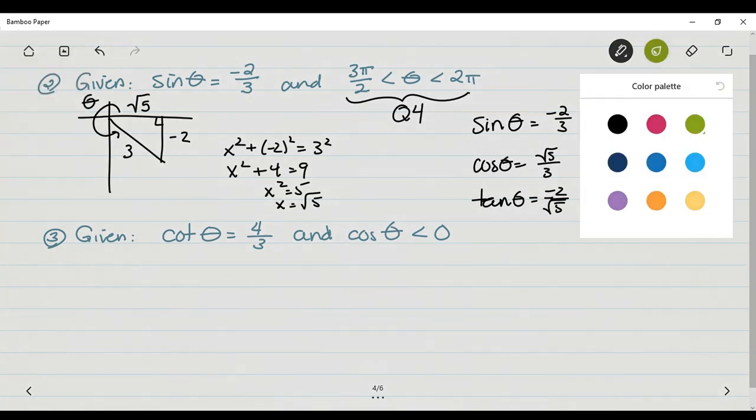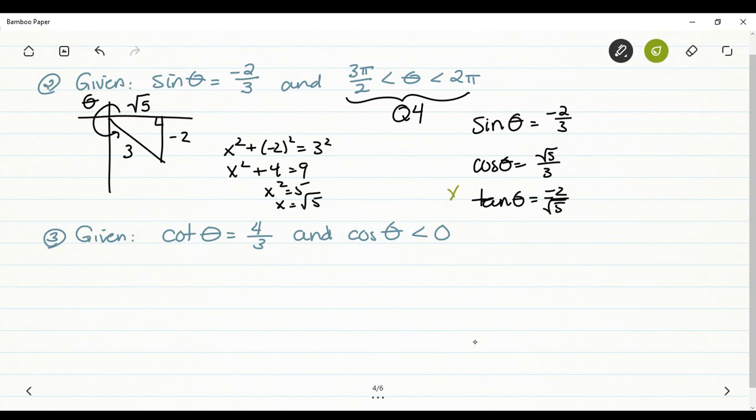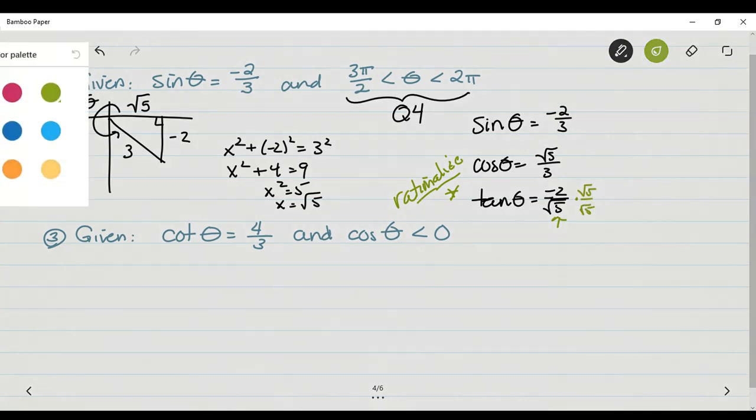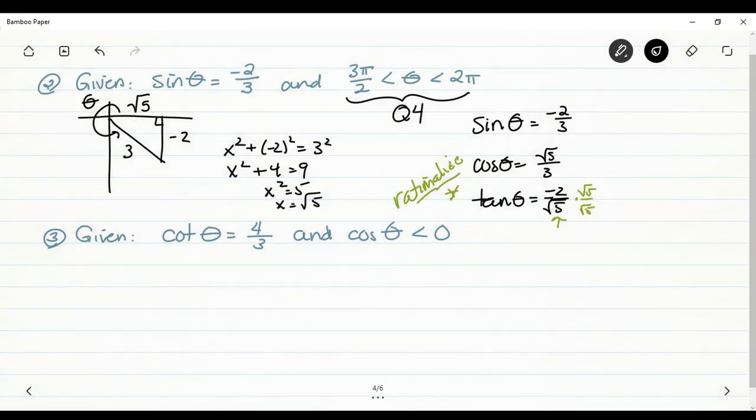You must rationalize. You end up with a radical on the bottom. How do you do that? We multiply by root 5 over root 5. And this whole answer comes out to be then negative 2 root 5 over 5.